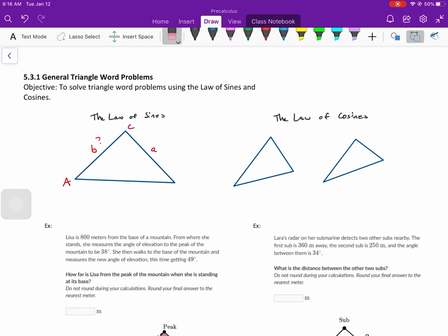And that would put you into the situation in which now you would have your two pairs. Now you have the angle inside here and the angle inside here. So if you do have two of the angles and basically two sides, you're going to be using law of sines, as long as one of those is unknown.